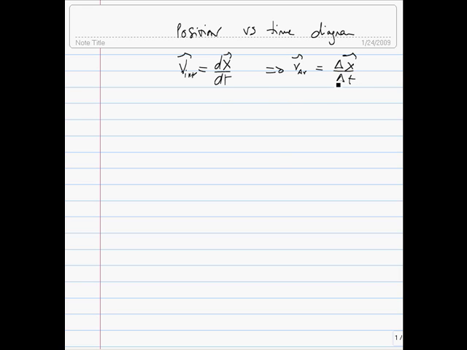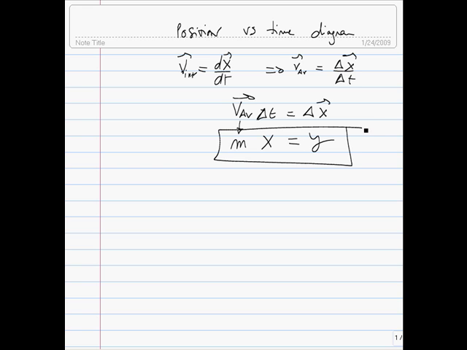And if we move the delta t to the other side, we have the average velocity times delta t is equal to delta x. And we've seen that this could be associated with the y, this could be associated with the x, and therefore the magnitude of this concept could be associated with the slope described by a particular line.